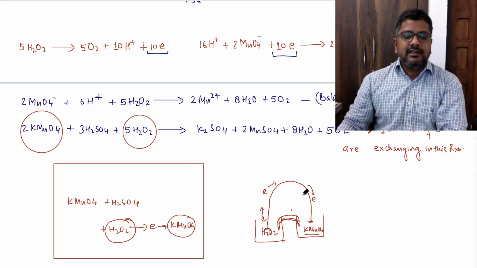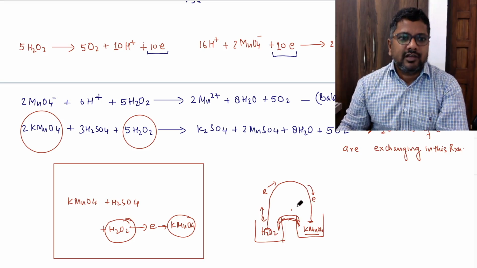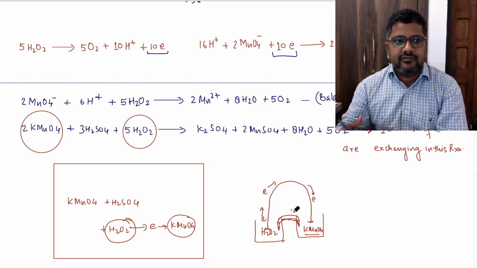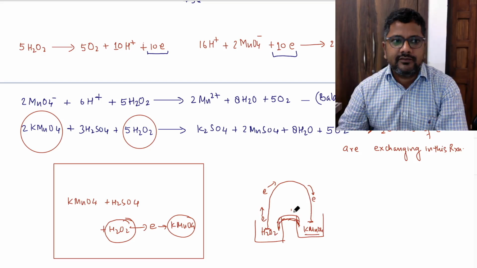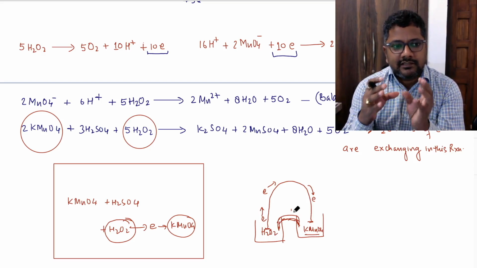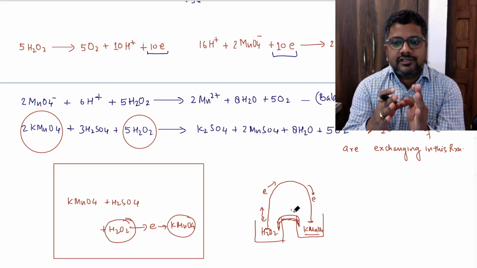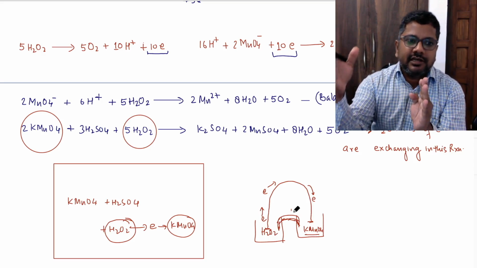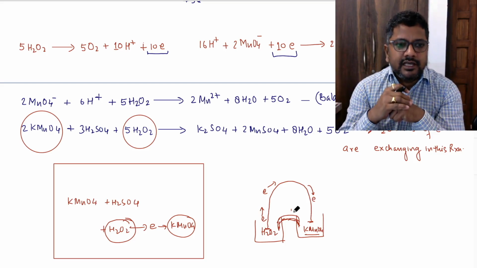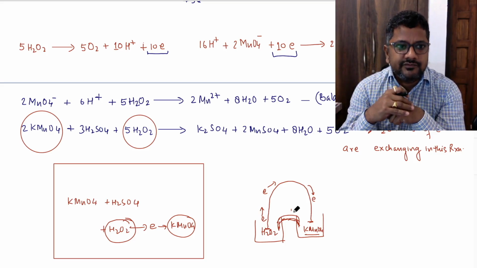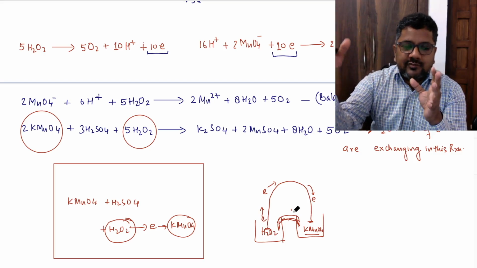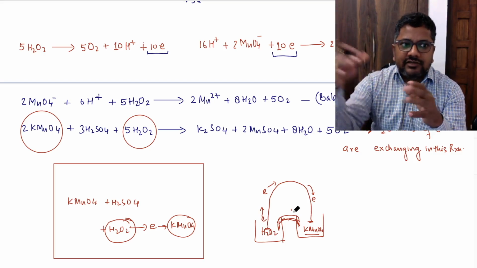And this is the basic concept of electrochemistry, dear students. We are here exploiting the chemical reaction. We are separating the oxidation and reduction half reactions, making an arrangement so that the electrons lost in the oxidation process are transported through the external circuit to the KMnO4, or you can say the species which is going to be reduced, and through this transportation in the external circuit, we can do some work.